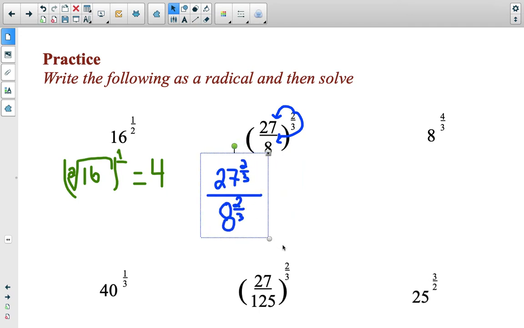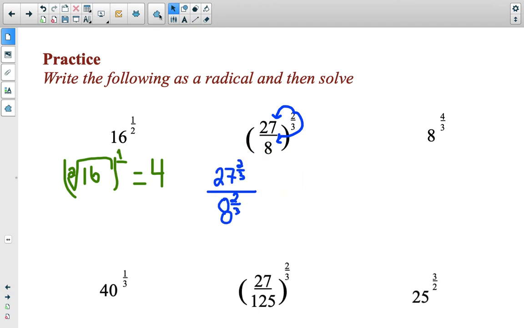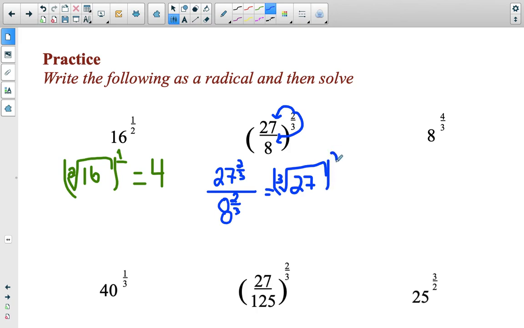So if I just move this over, if I rewrite this, I end up getting, as a radical, the cubed root, because my 3 comes down here, the cubed root of 27 to the power of 2. And the same on the denominator, cubed root of 8 to the power of 2.